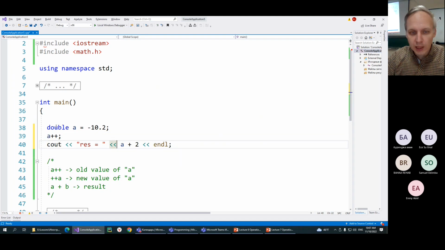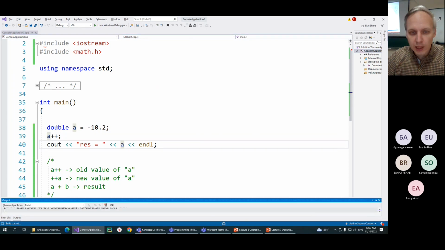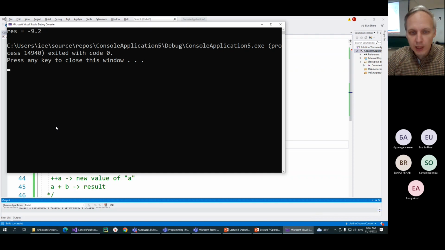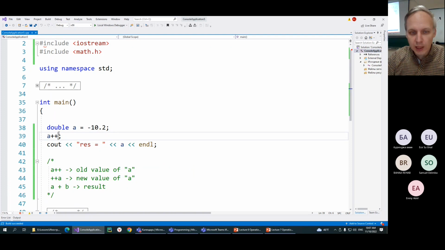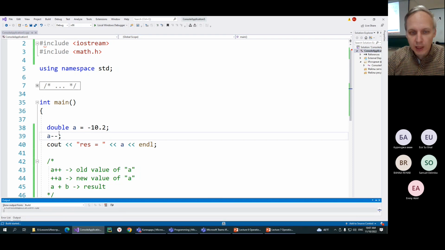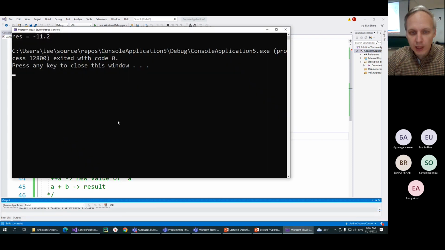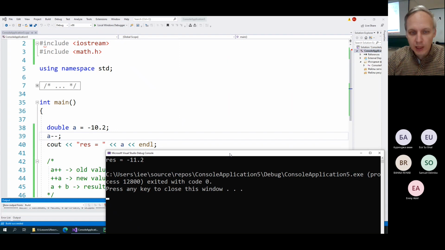In this case, the result will be minus 9.2. So we can apply plus plus and minus minus both for integer and real valued data types. Minus minus subtracts 1.